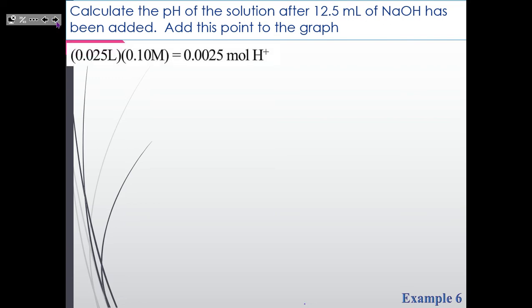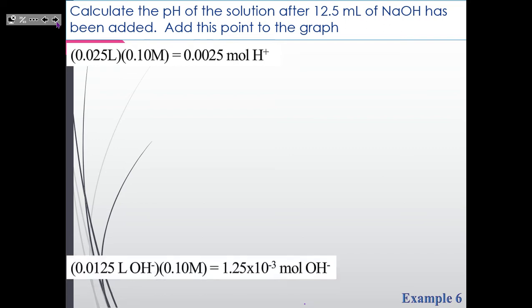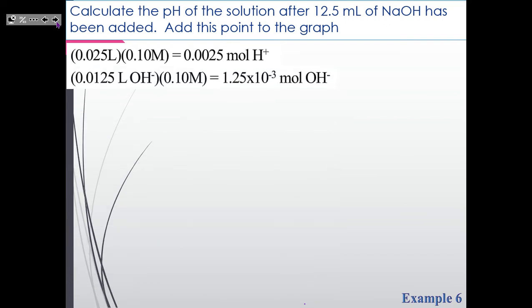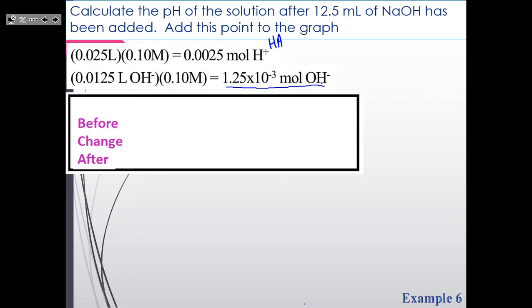So we are going to add base. We're going to start out with the concentration of weak acid to find moles, which is 0.0025 moles of H plus. And if we are using the BCA table, then we're going to be using the acid form. Here is the amount of moles of sodium hydroxide that I'm adding.